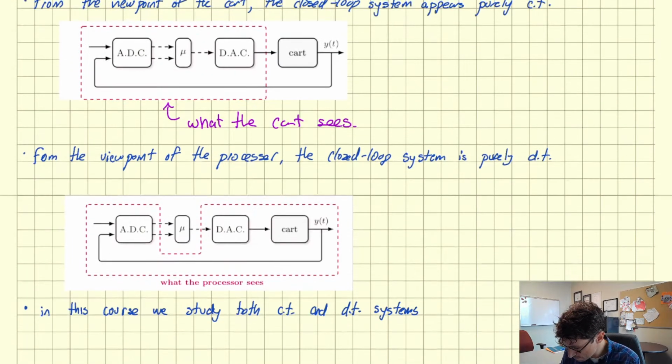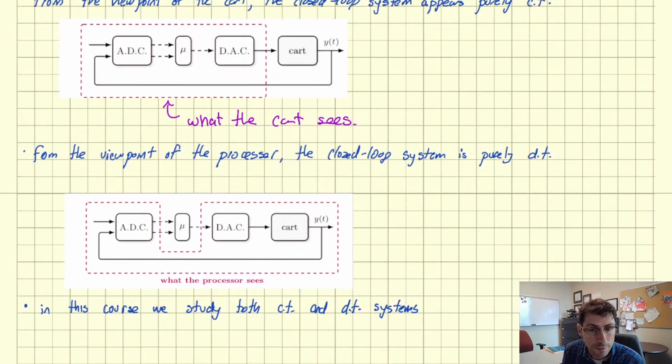So that box there around the ADC, analog to digital converter, and the digital to analog converter, is the system that the cart is interacting with, right? So the thing coming out of that red box is the voltage, and the thing going into that red box is the position.